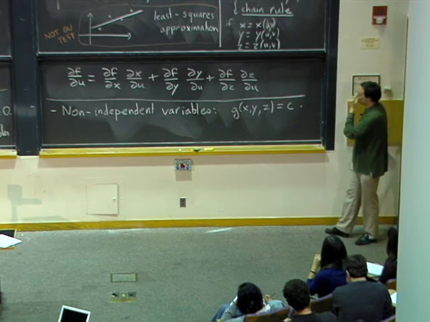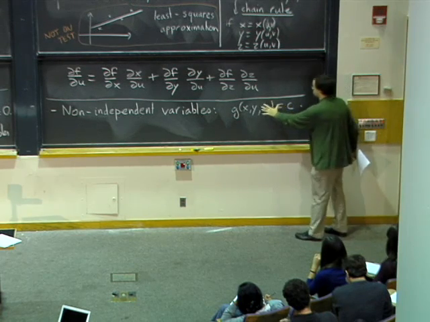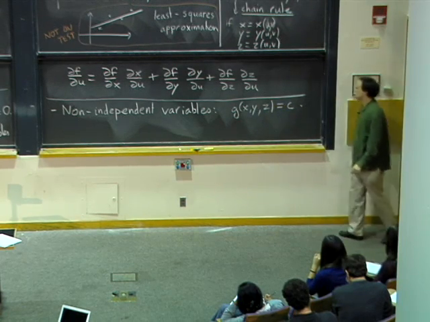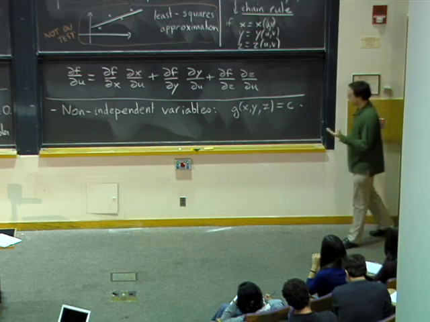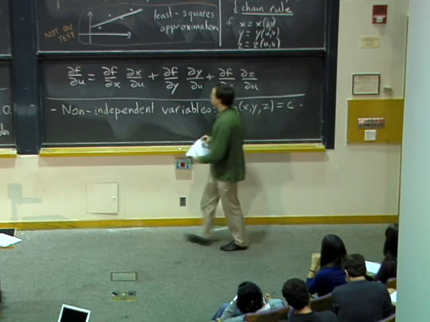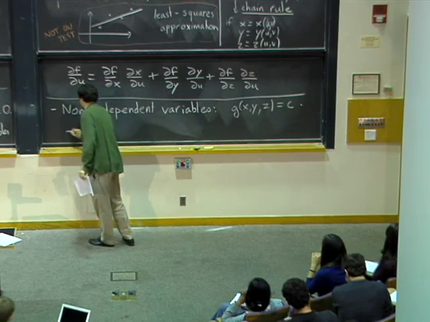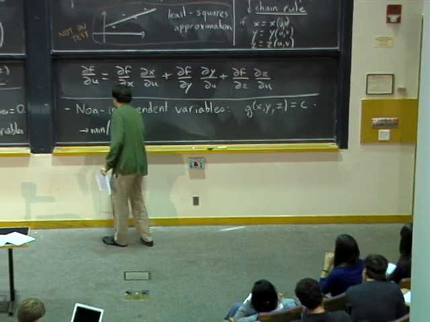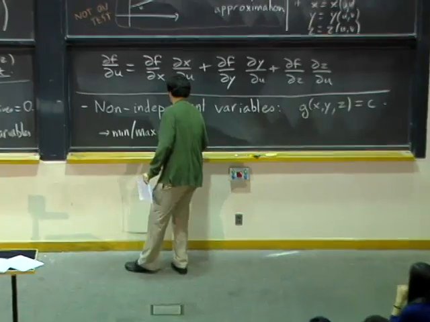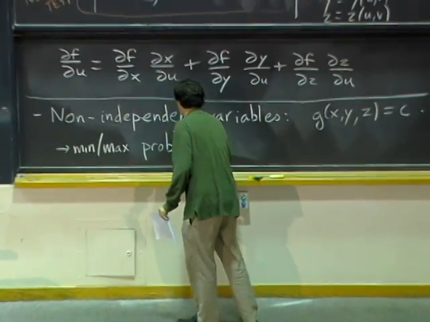So then when we have to keep all of them but take into account this relation, we've seen two useful methods. One of them is to find the minimum or the maximum of a function when the variables are not independent.